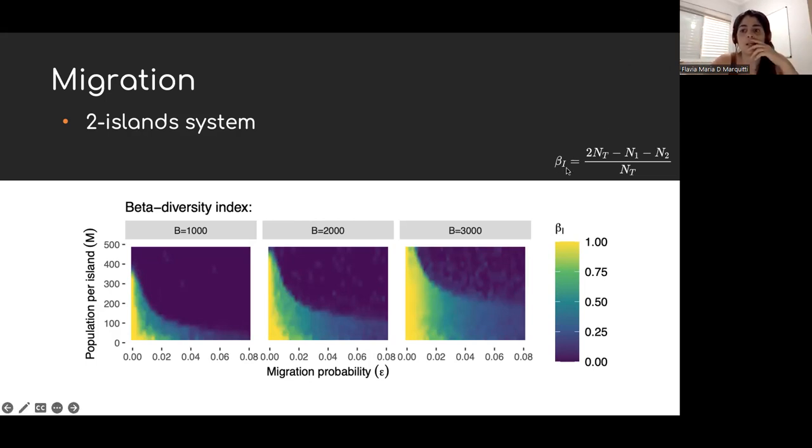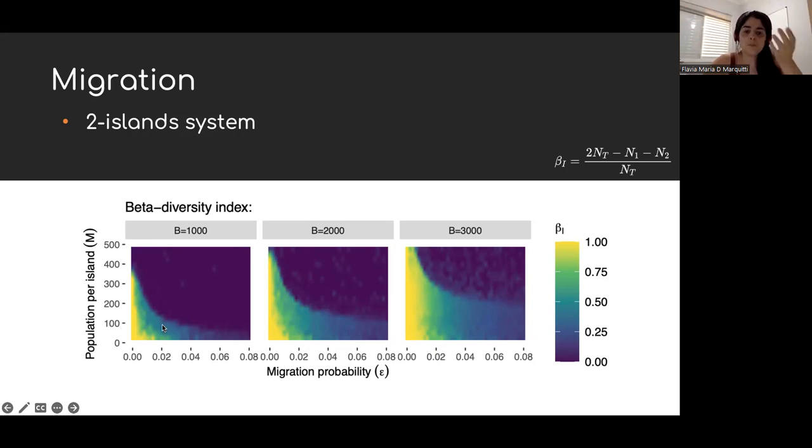So if beta is close to 1, it means that the species we have in one island are different from the species we have in the other island. And if beta is close to 0, it means that the species we have in one island are the same species we have in the other island. So beta close to 1 means that we have a more endemic case of species. And if beta is close to 0, these species are everywhere. They are exactly the same.